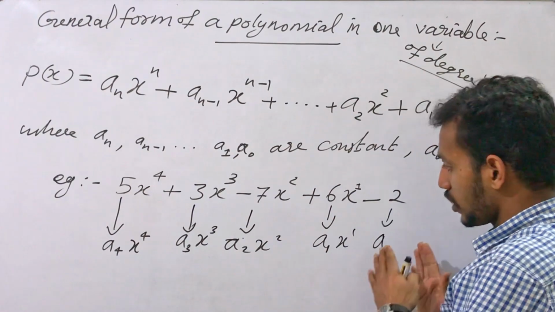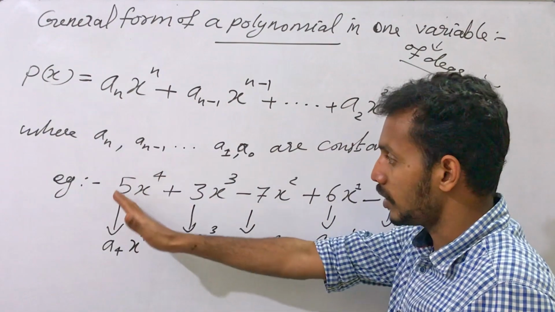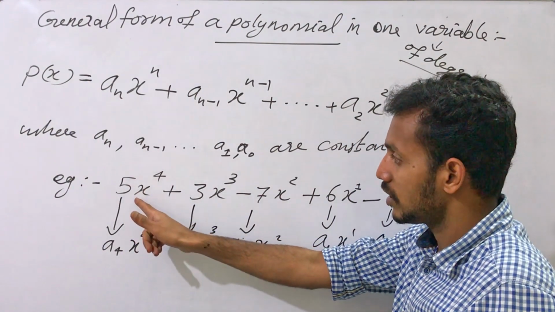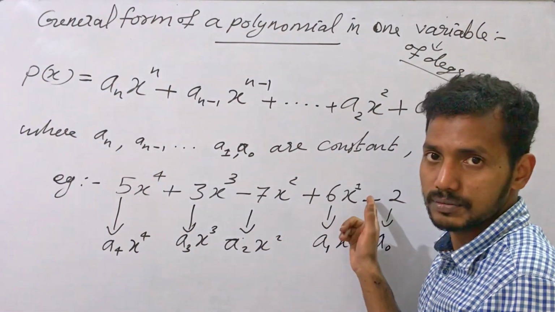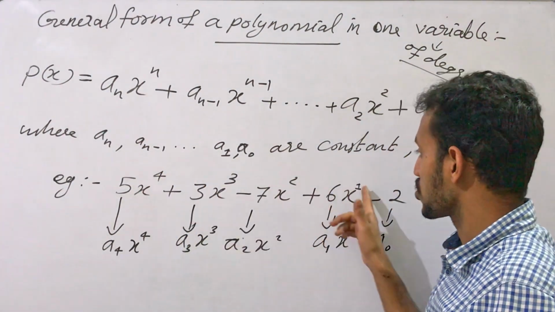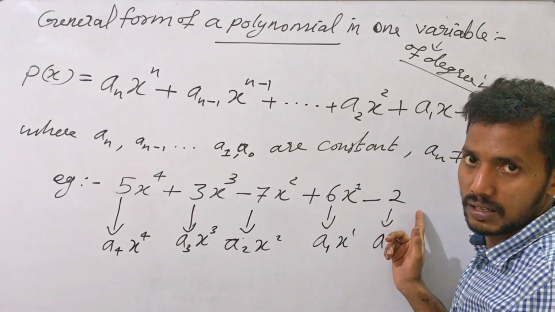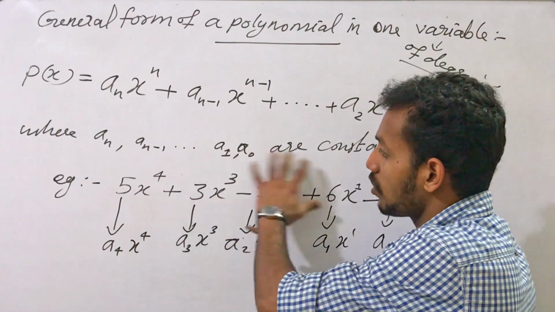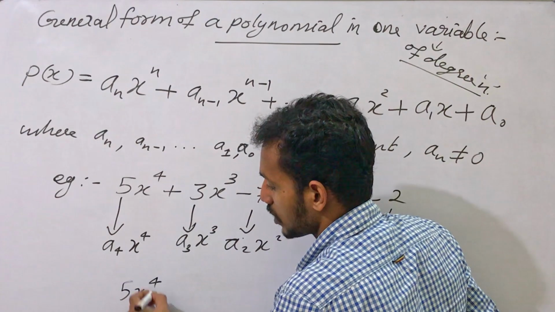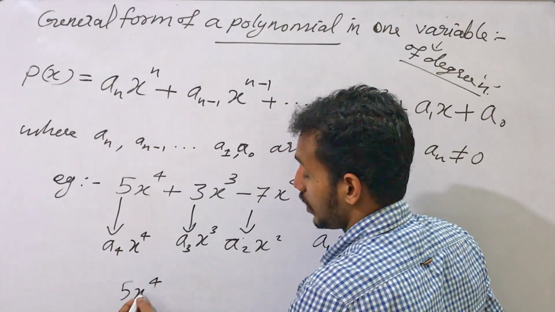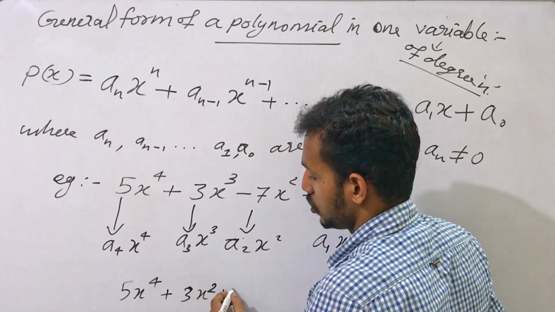Clear? So whenever you write the polynomial in standard form, write the terms in the descending order of its power. That means from greater to small, and the last term will be the constant. But not necessarily are all the terms always present. For example, sometimes you can write 5x raised to 4 plus 3x square plus 2.